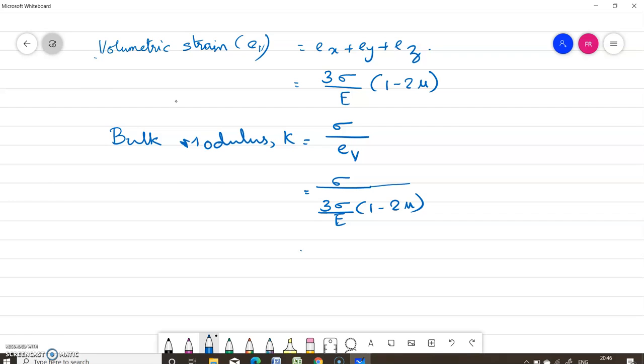So this will be reduced to, from this you can write E is equal to 3 into K into 1 minus 2 mu. Okay. So this is the relationship between modulus of elasticity and bulk modulus. You have to learn this equation by heart.